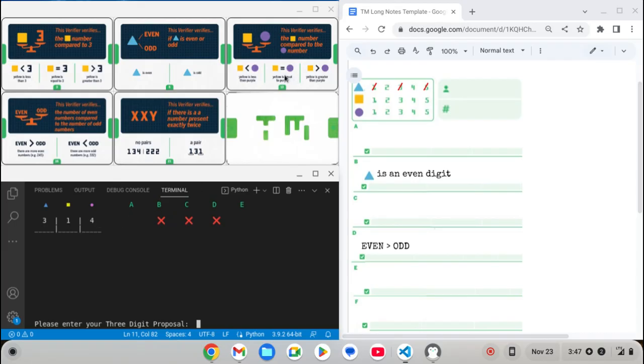So I'm going to type it up in this order. So let's go ahead and type up in our notes for section C that square should either be equal to or greater than circle.